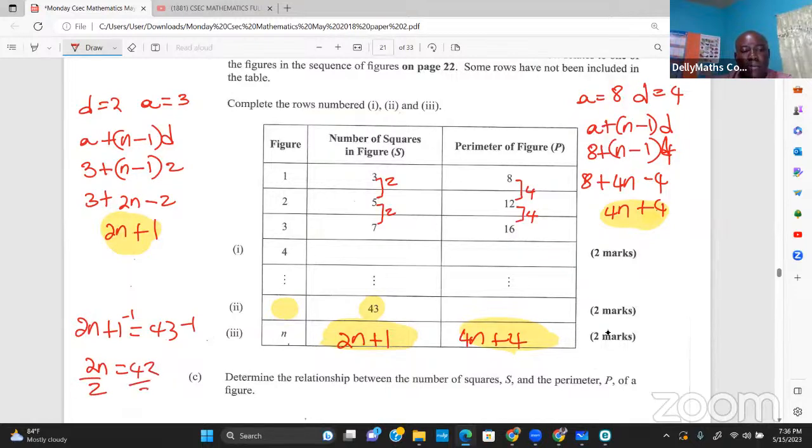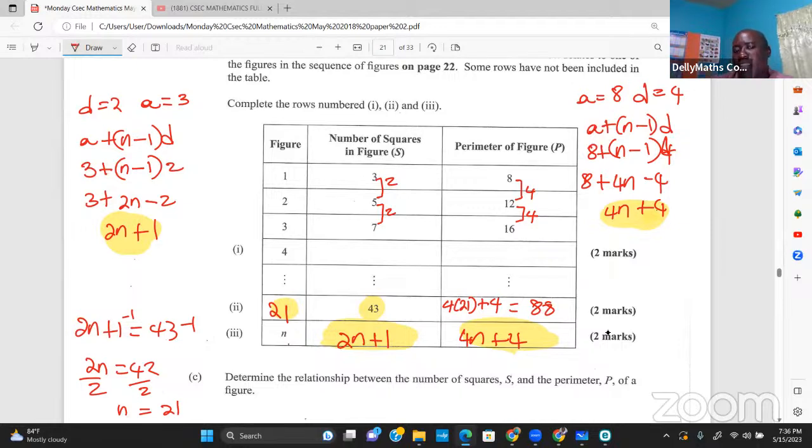Divide by 2. N is equal to 21. Then I could use 21 with 4 times n. 4 times 21, then I add 4. This looks like about 88. We'll fill out that.